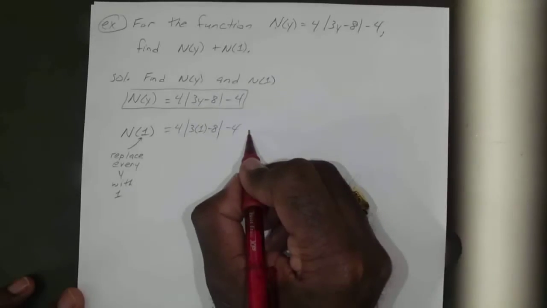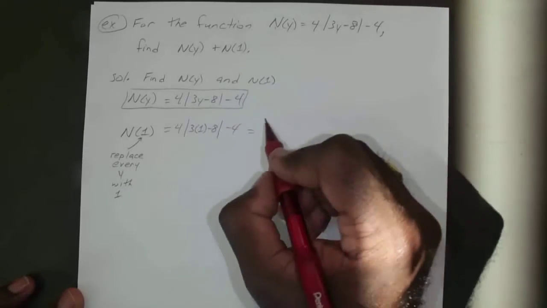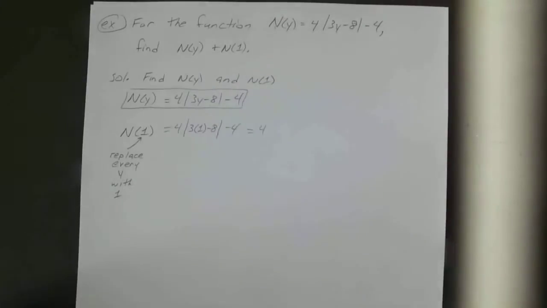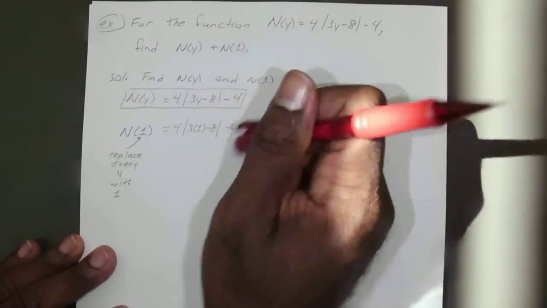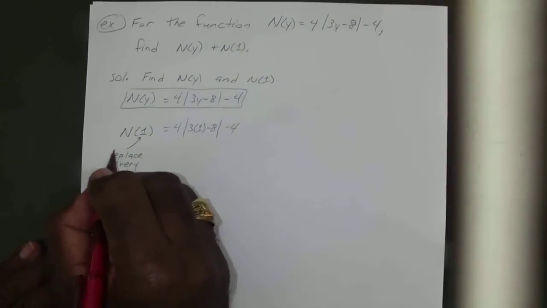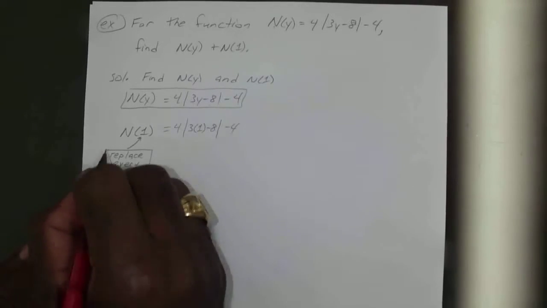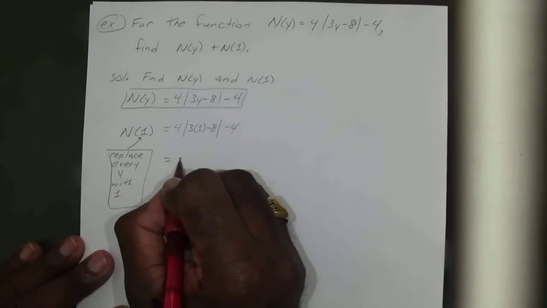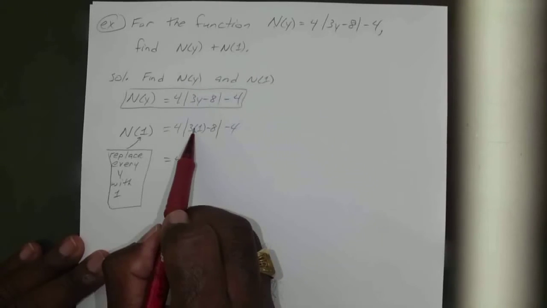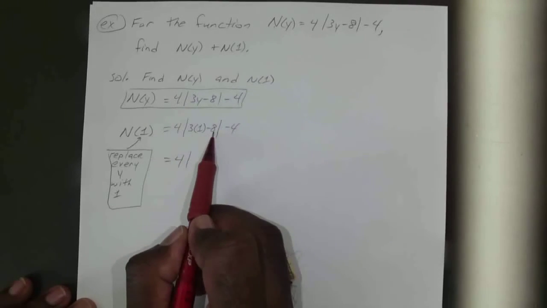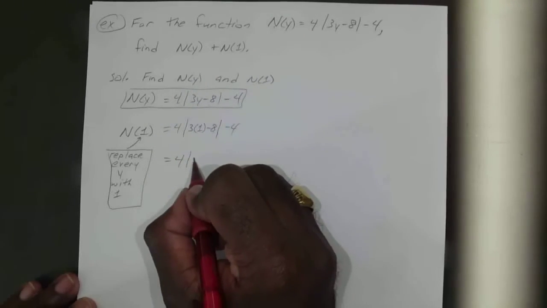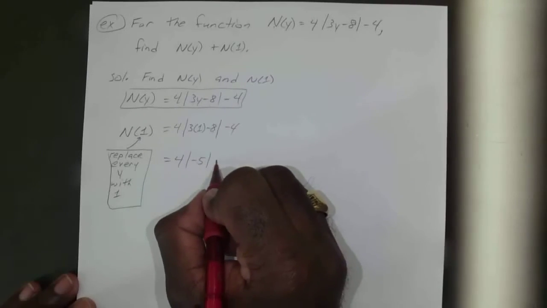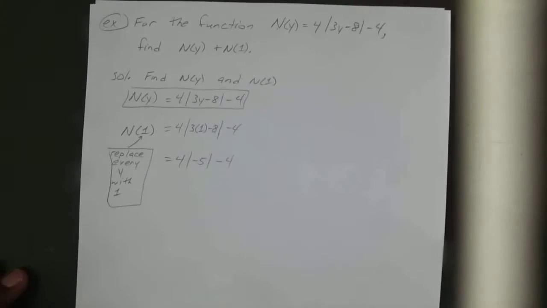Which is going to equal, I'll put it underneath it. Sometimes that's a little less confusing. Kind of box that out. So that's going to equal 4 times the absolute value of, 3 times 1 is 3, 3 minus 8 is negative 5, so 4 times the absolute value of negative 5 minus 4.